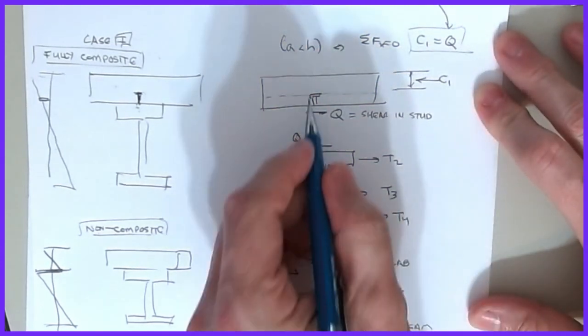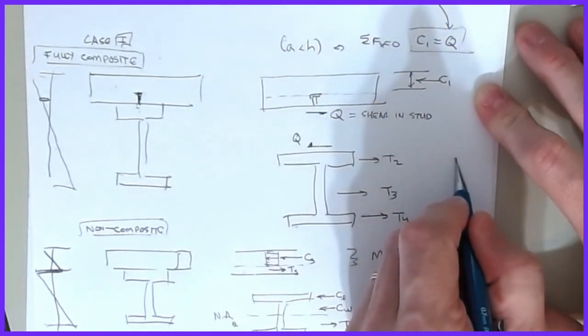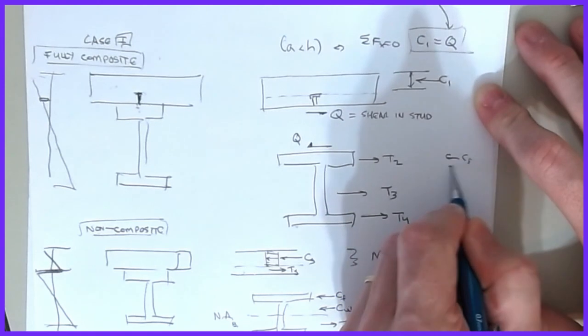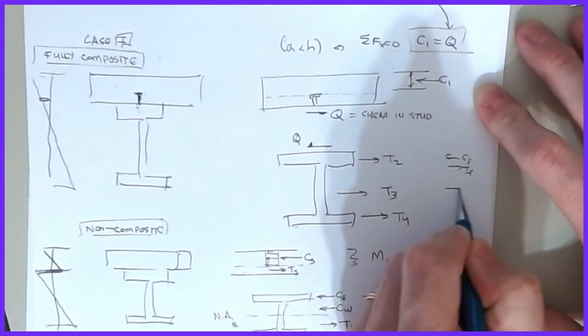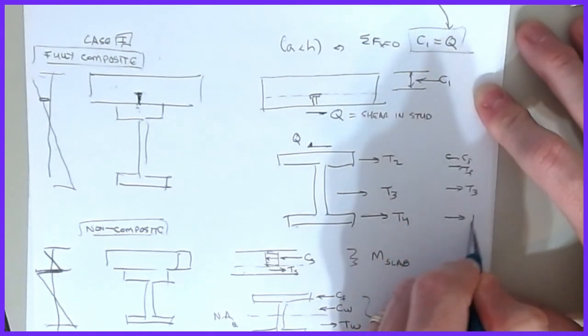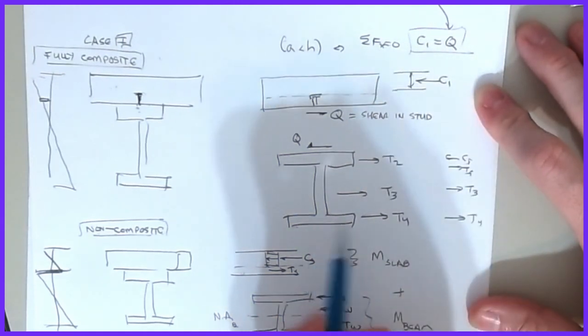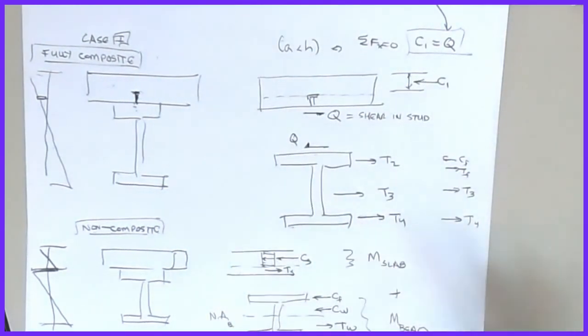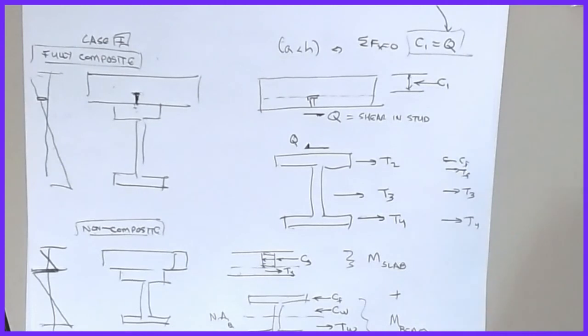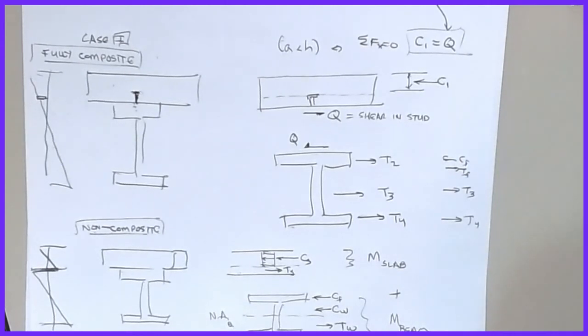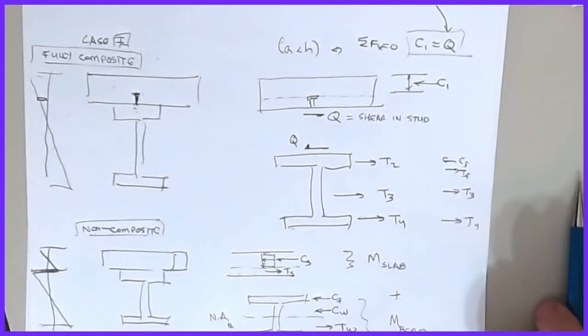Because if the neutral axis dipped down on the other case, we had a little bit of a CF guy, we had a TF, and then we had T3, and then we had T4, right? That was the only difference of these diagrams, as I went from case 1 through 2 into 3, right? On the previous pages. So that's kind of the basics of what we're looking at on that.